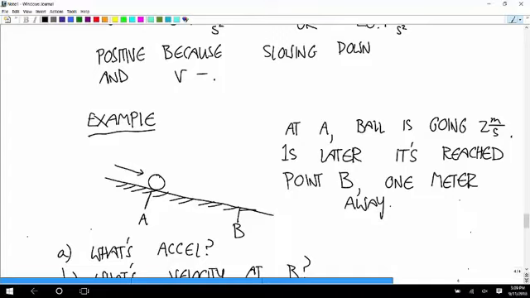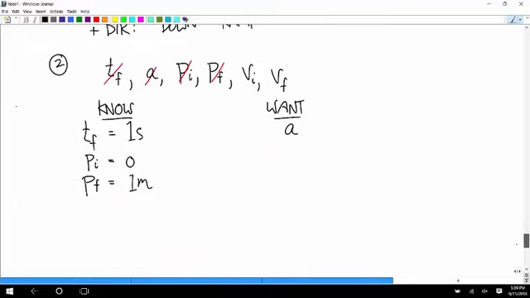You just take the speed and tack on the sign depending on which direction it's going. So initial velocity is 2 meters per second. And then do we know final velocity? No, we do want to find that, but let's worry about that next. So for this part of the problem, we'll say we don't care about that. All we care about at first is calculating the acceleration.